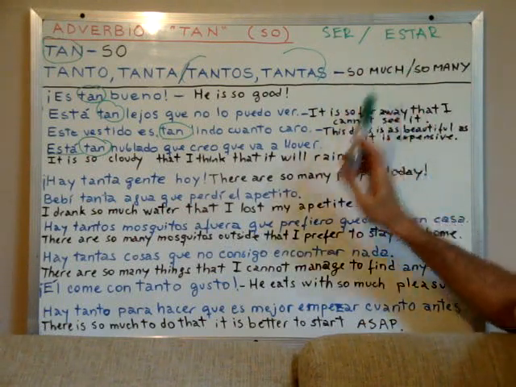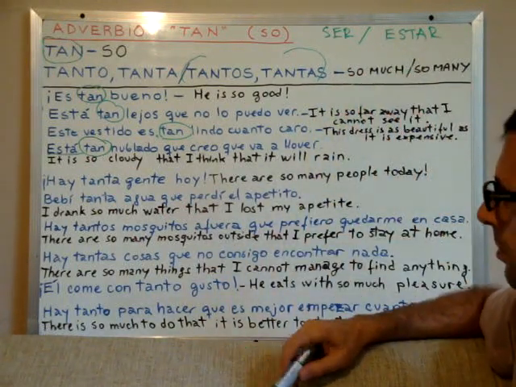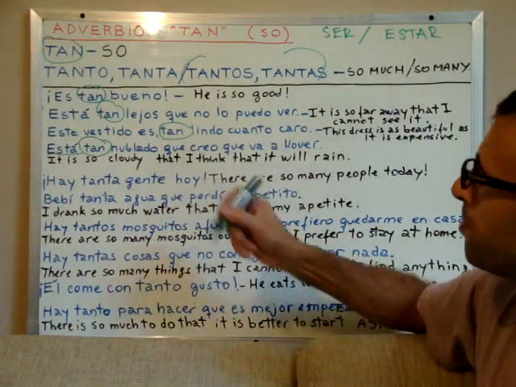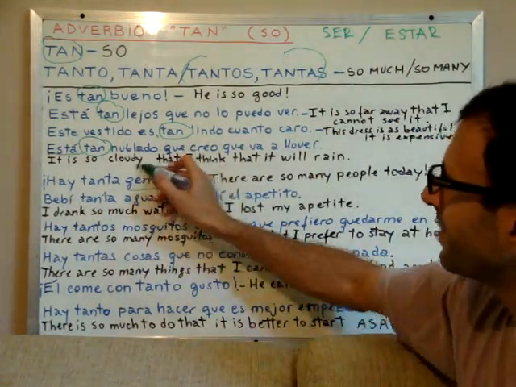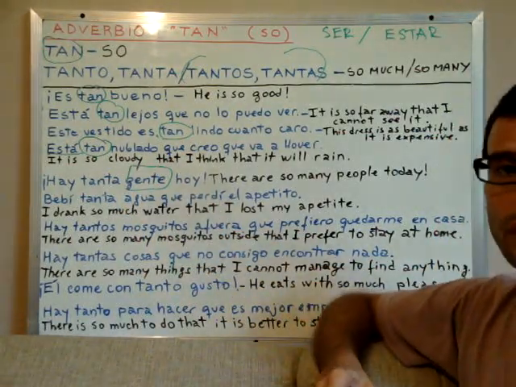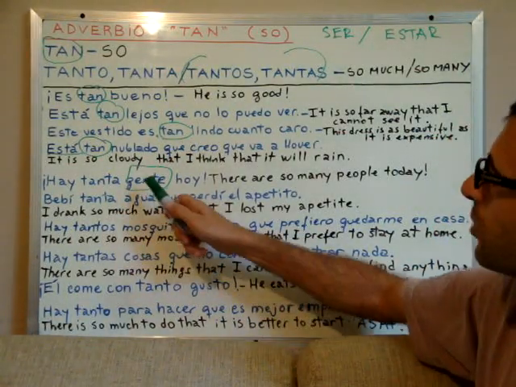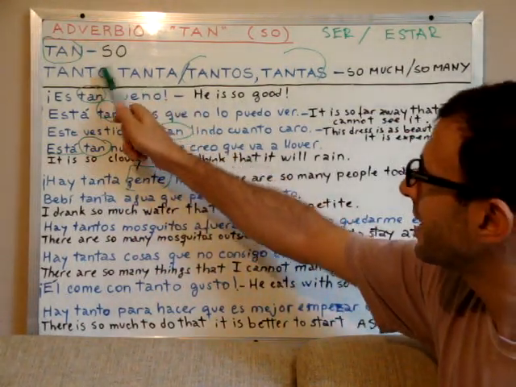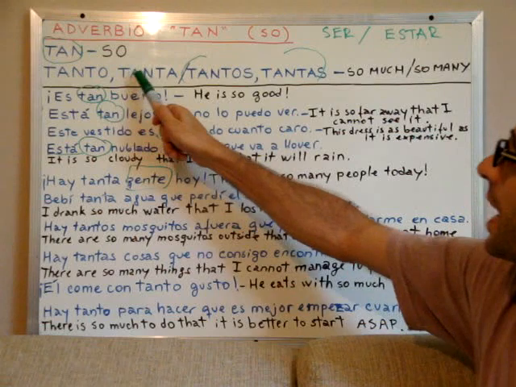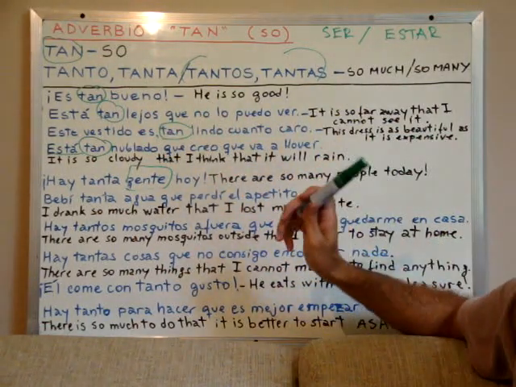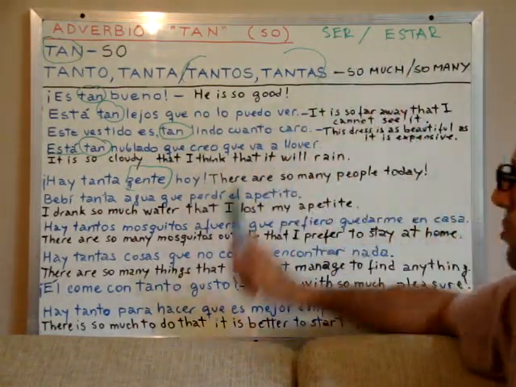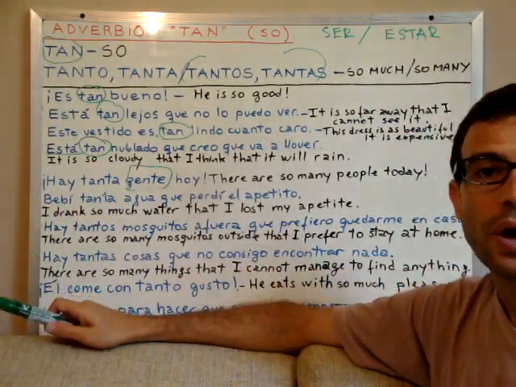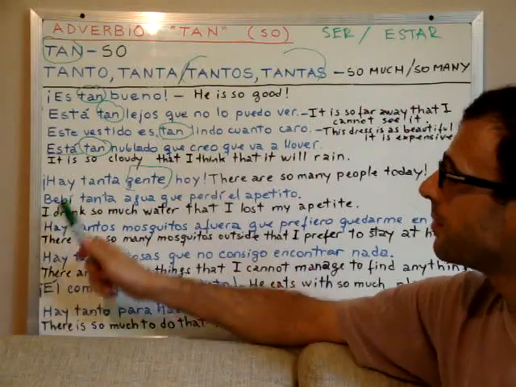So much. Uncountable, not countable. The thing is that in Spanish, the word for people, which is gente, is not countable. That's why gente is used with tanta, because it's feminine and because it's not countable. That's why we use so much, okay? Hay means there is or there are, right?